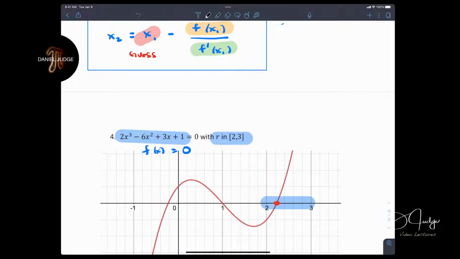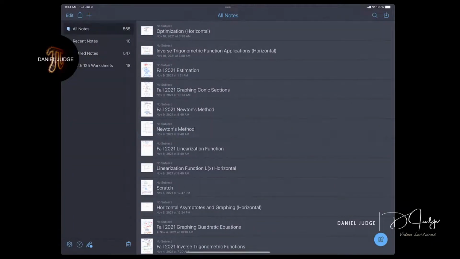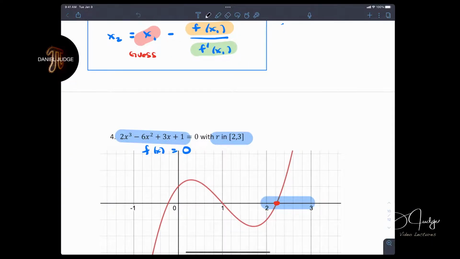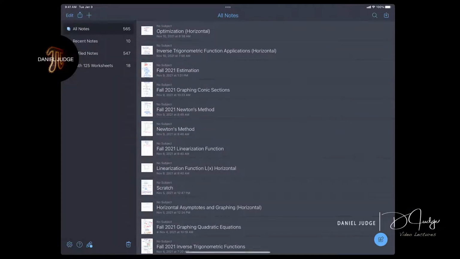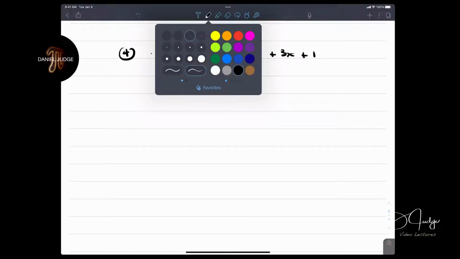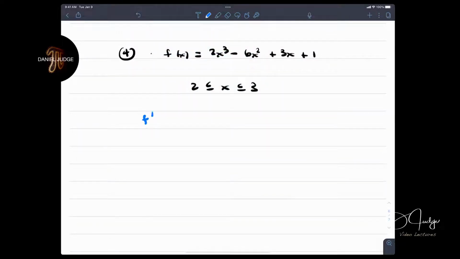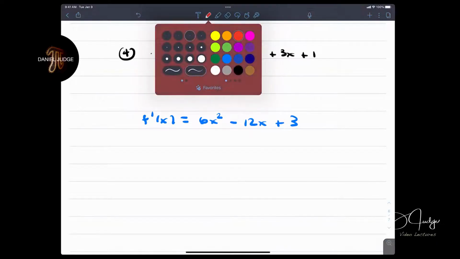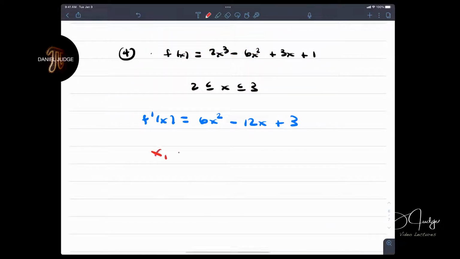And it's between 2 and 3. Okay. All right. So we need a derivative, which would be 6x squared minus 12x plus 3, and we need a starting point, an initial guess.